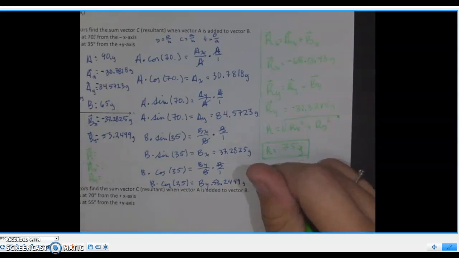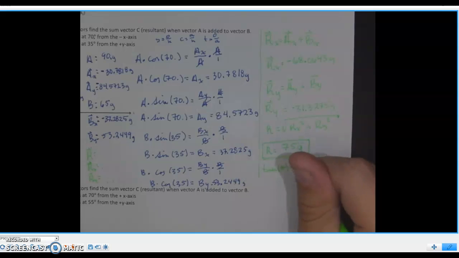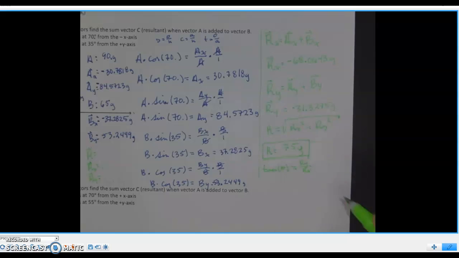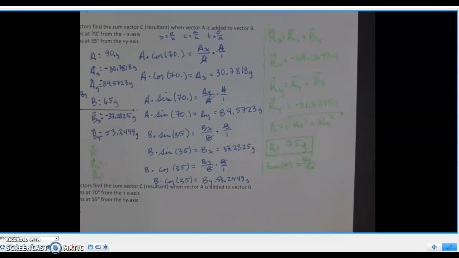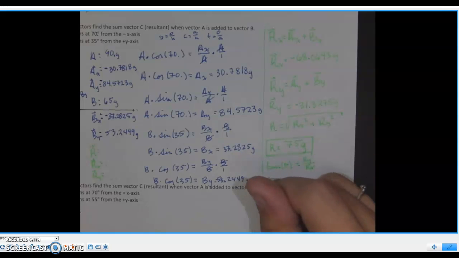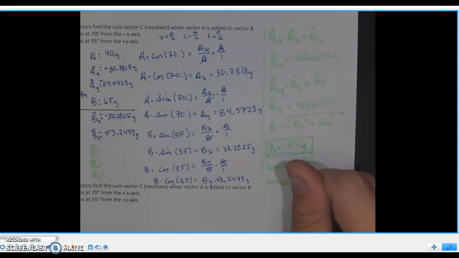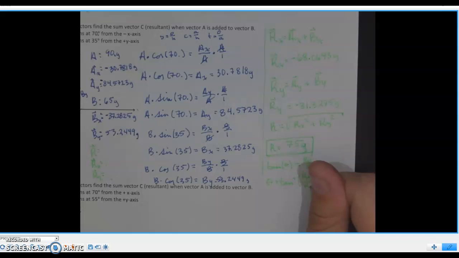Or tangent of that theta would be opposite, which is r sub y over r sub x. But I don't want to know r sub y over r sub x. I want to know theta. And theta is equal to the tan inverse of that fraction, r sub y over r sub x.